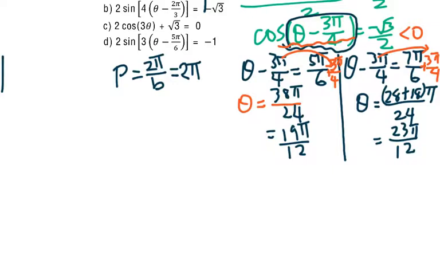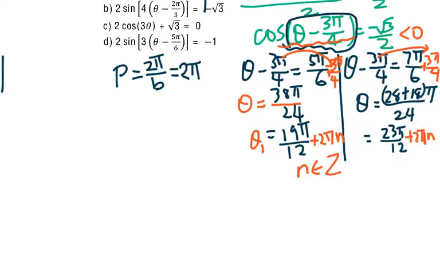That's why I add 2 pi n to this theta. That's your theta 1. And you need to write down that n is all integers. You can write Z. Same thing here, you add 2 pi n, and you need to show that n is all integers too.